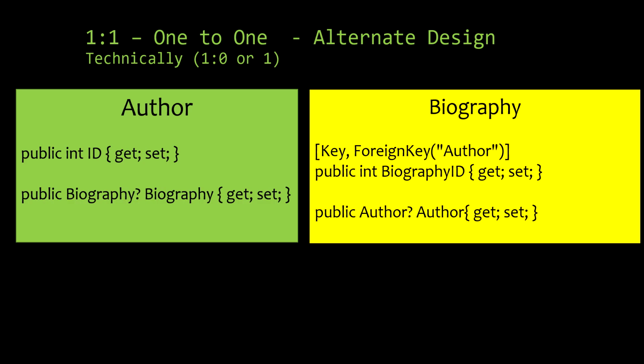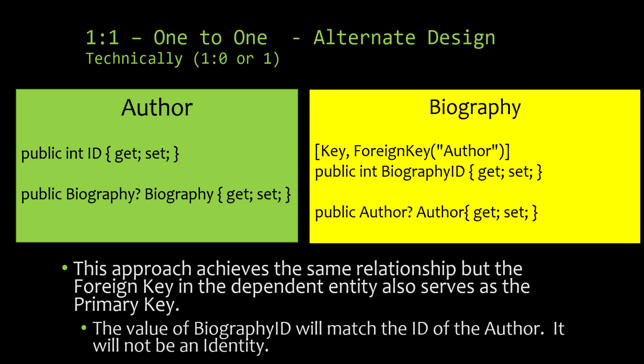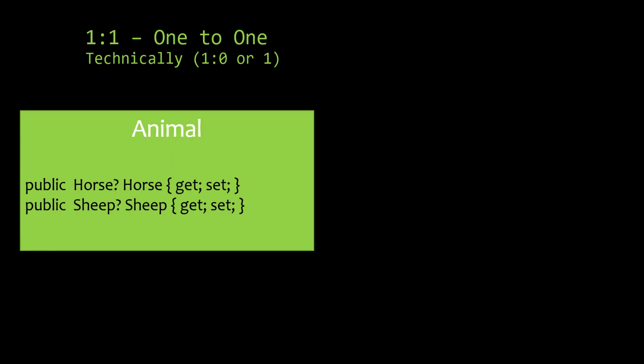Hence, there's no need for an extra secondary unique constraint on the foreign key. So it achieves the same relationship as the foreign key, and the dependent entity also serves as the primary key. The value of biography ID will match the ID of the author. It will not be an identity, so it won't be generated by the system. It will inherit that value from the actual author.